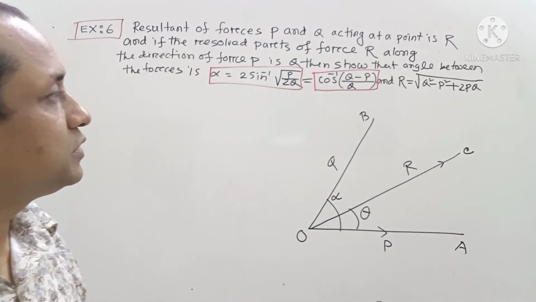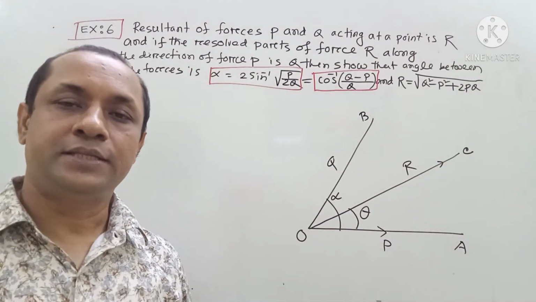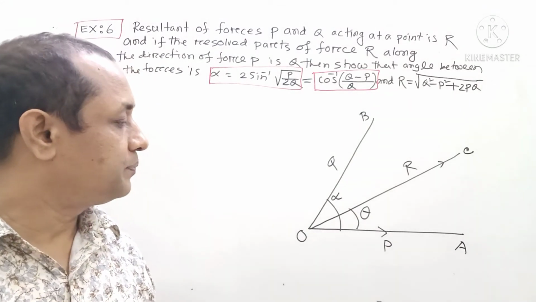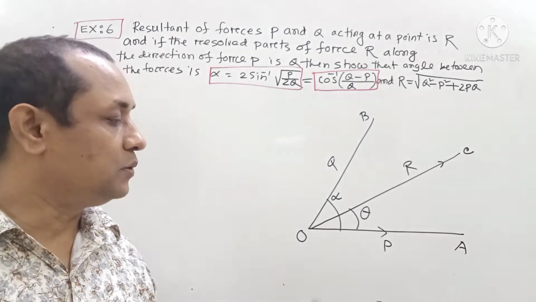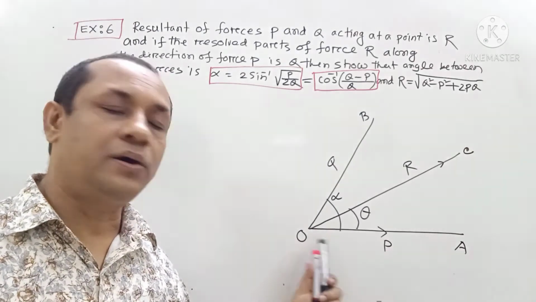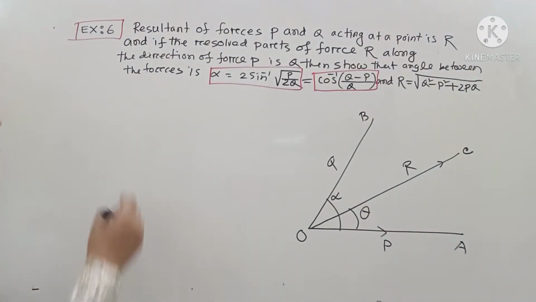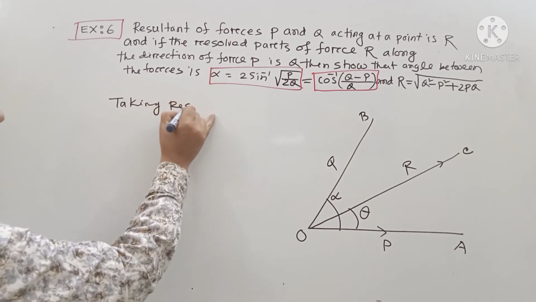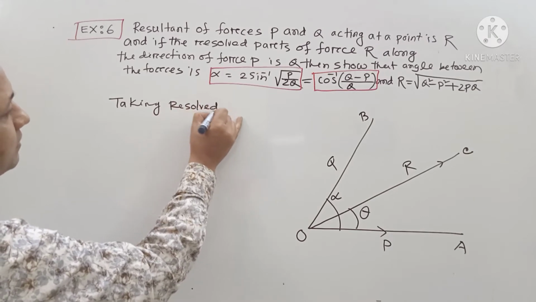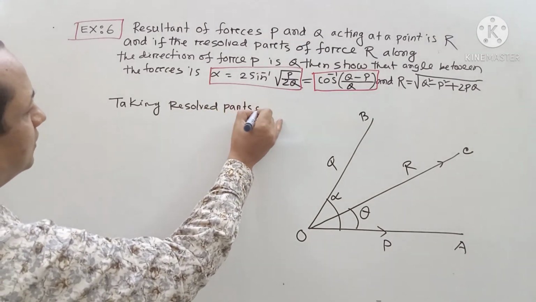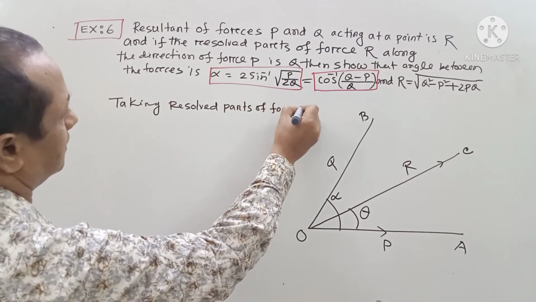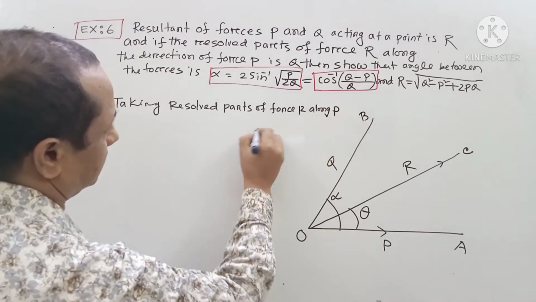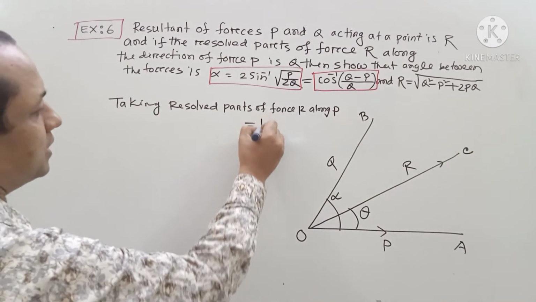So student, according to the question, taking the resolved part of force R along P or OA equals R cos theta.